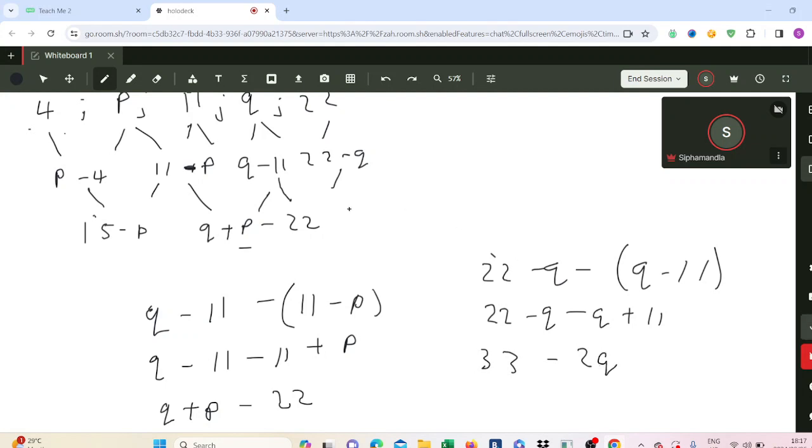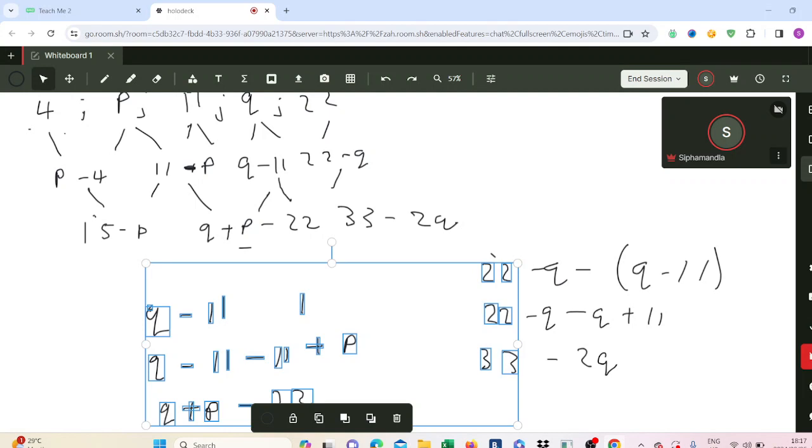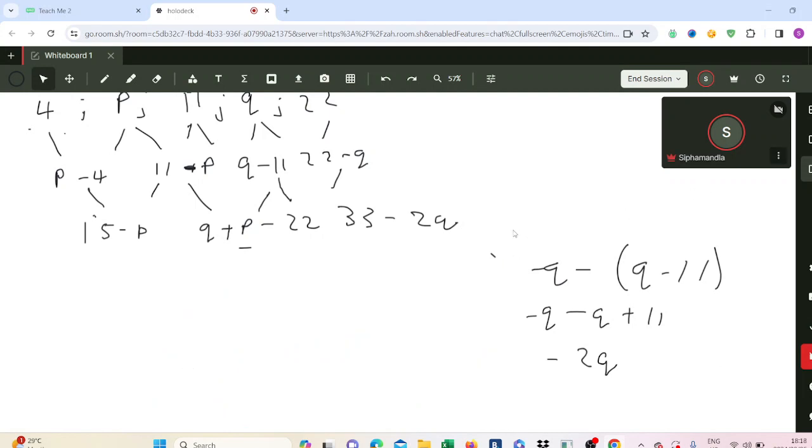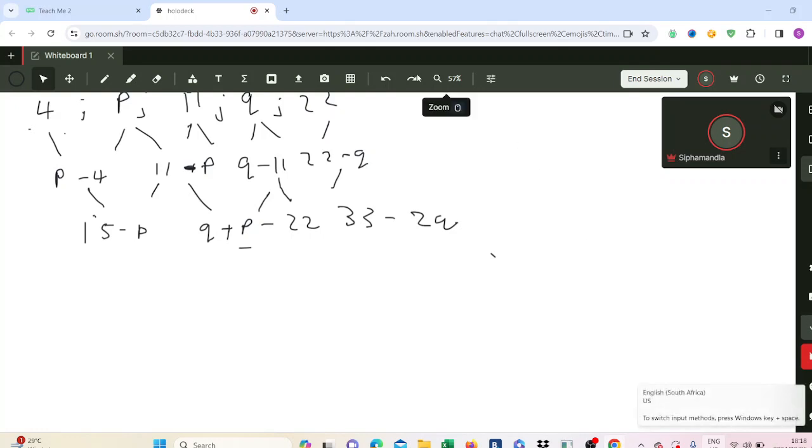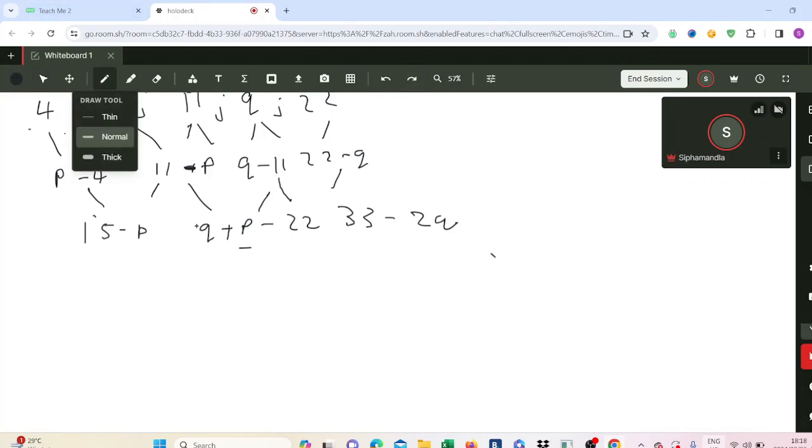So here it will be 33 minus 2Q. Now we have the second difference.